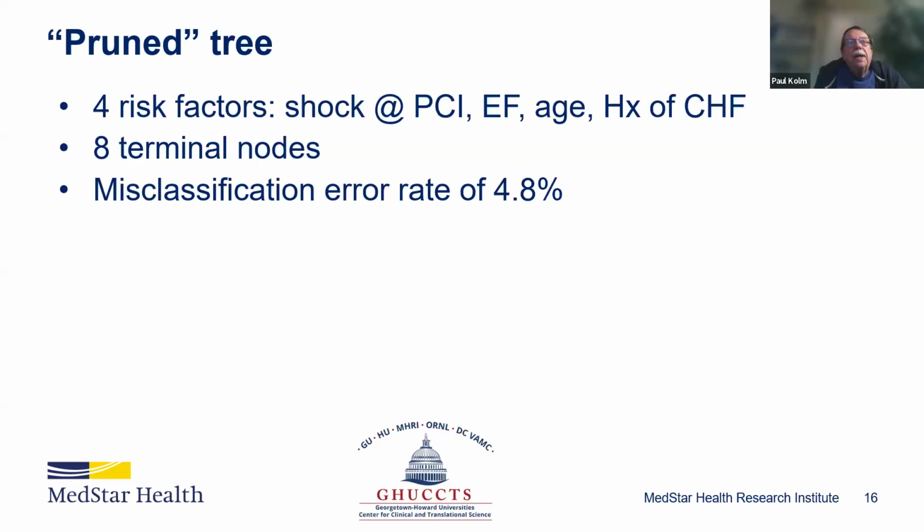With just 8 terminal nodes, our misclassification error rate is 4.8%. If you remember, our error rate with all risk factors included was 4.5%. So our increase in the error rate here is pretty minimal, and we would be okay in going with just 8 terminal nodes as far as the misclassification error rate.